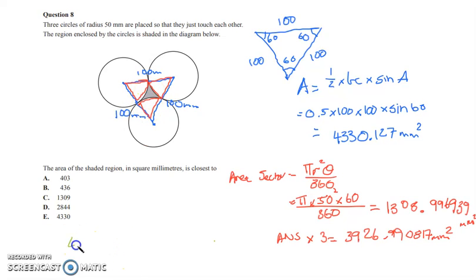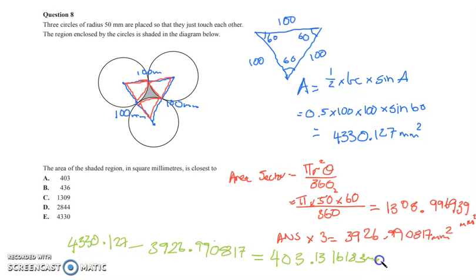So we would do 4,330.127 minus our answer that we just calculated of 3,926.990817, and this would leave us with the solution of 403.131618 millimeters squared, so the answer is closest to 403.